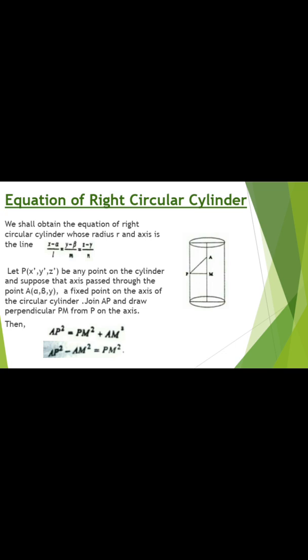Then we join AP and draw the perpendicular PM from P on the axis. By applying the Pythagoras theorem, we get AP² = PM² + AM², so we write this as AP² − AM² = PM².